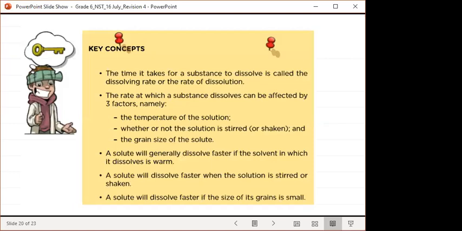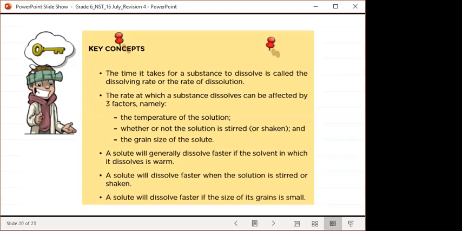Okay, key concepts. The time it takes for a substance to dissolve is called dissolving rate or the rate of dissolution. Then the rate at which a substance dissolves can be affected by three factors, and that's the temperature, stirring or shaking, as well as grain size of the solid.